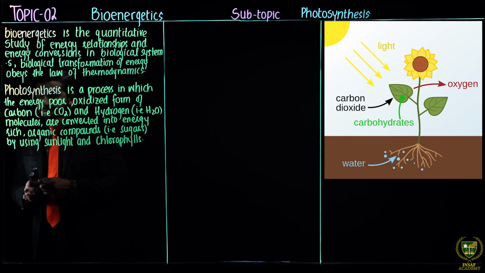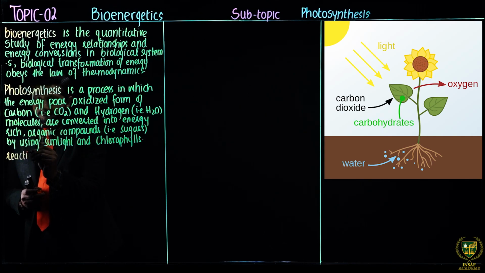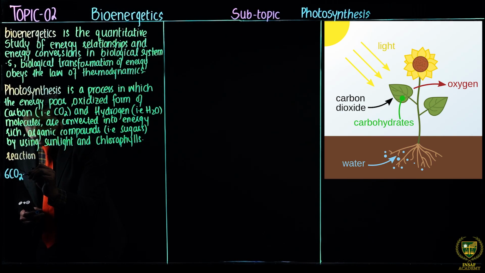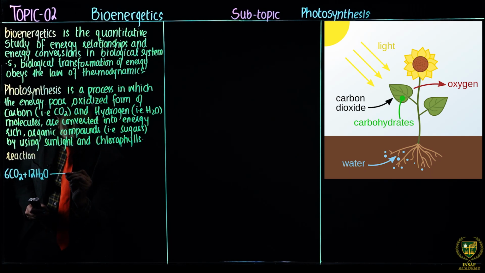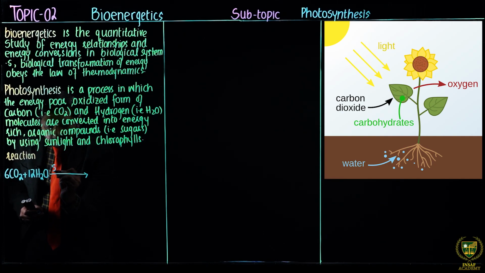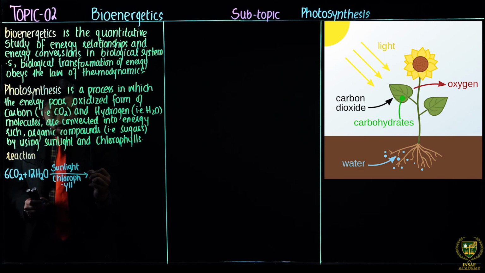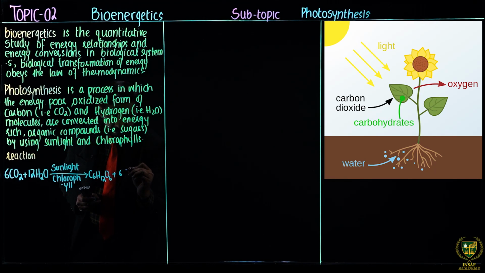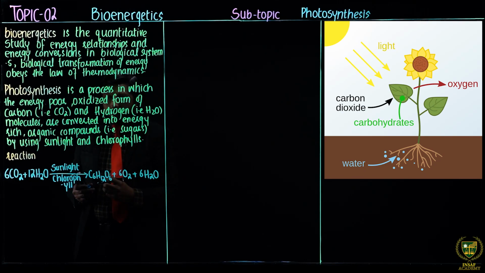So the overall reaction of photosynthesis is 6 molecules of carbon dioxide plus 12 molecules of water, in the presence of sunlight and chlorophyll, are converted into C6H12O6 plus 6 oxygen molecules and 6 water molecules.